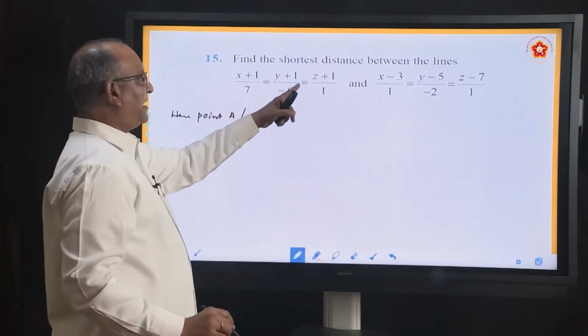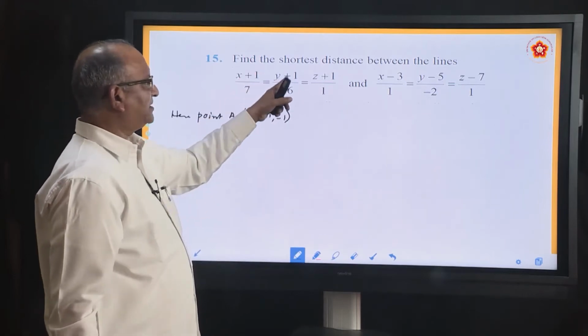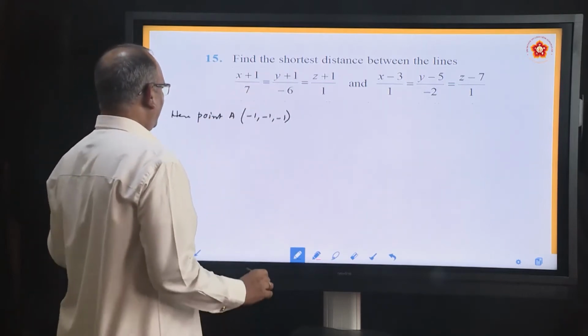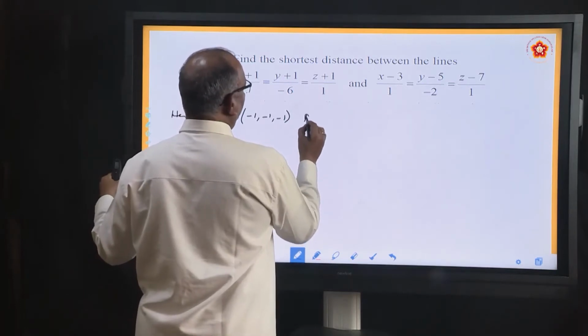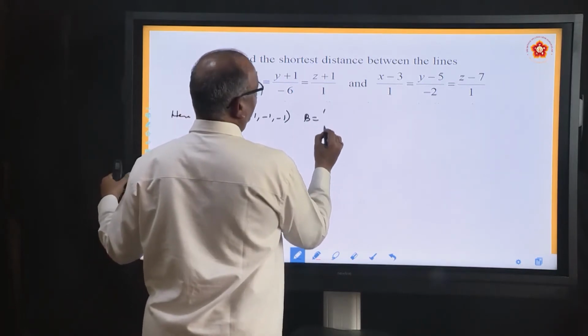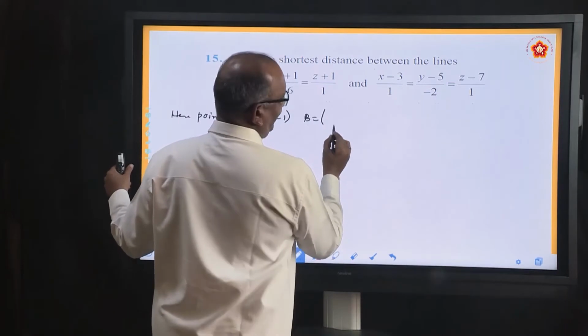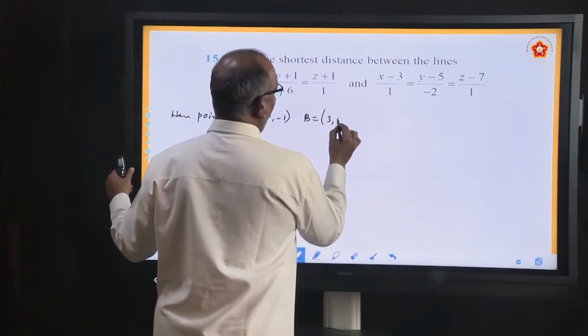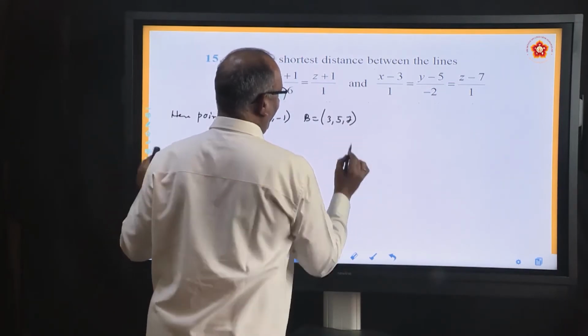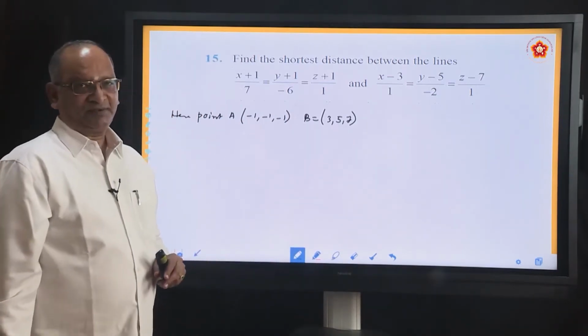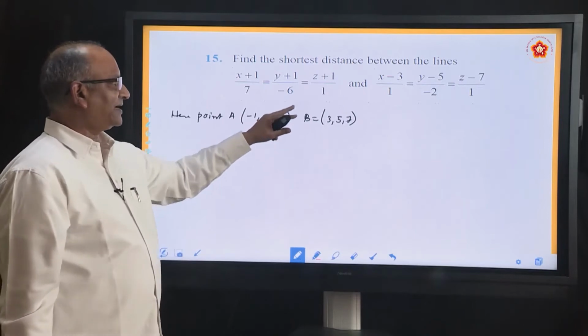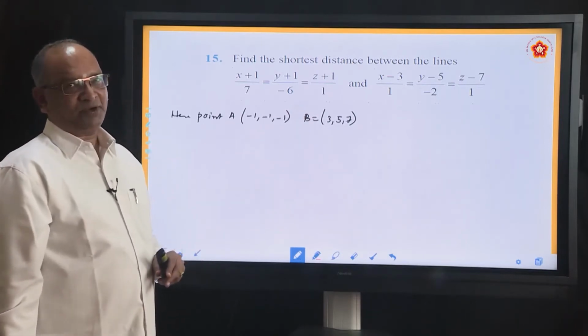The first line is passing through a point minus 1, minus 1, minus 1. And what is the second line passing through? You can say B is equal to 3, 5, 7. The line is passing through these 2 points. First line is passing through this point, second line is passing through the other point.